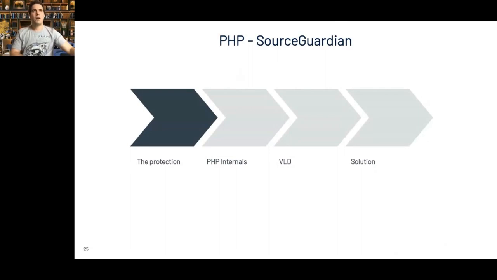So when I opened up Nagios XI, it had a lot of PHP code, and a large chunk of it looked very similar to this. If you look at the top here, you'll notice first a function is checked for existence, and that's the SG load function.